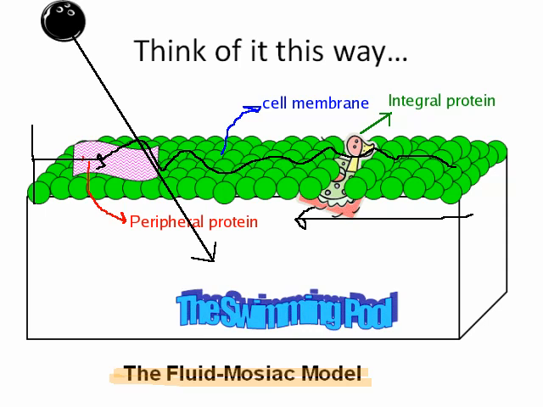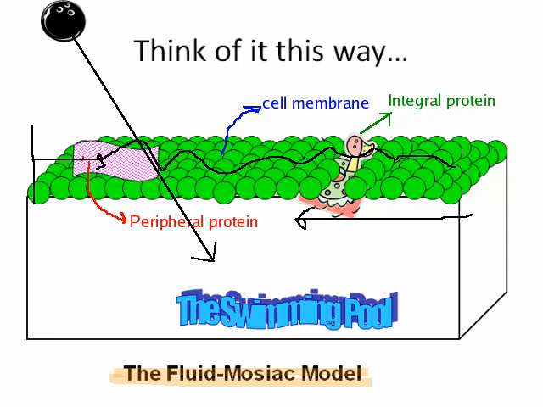If we break this down, a model is something that's going to represent how something actually works or looks. Mosaic, because think about what a mosaic is. It's a bunch of glass or it's a bunch of tiles that have no relation to one another, but yet come together to form a picture. It's exactly what we have here.